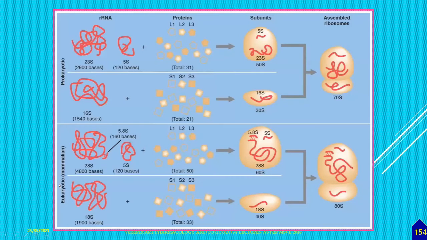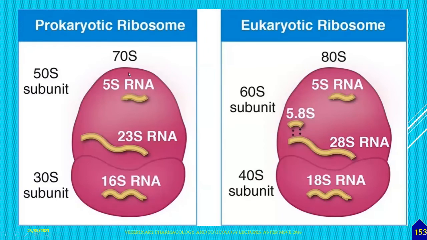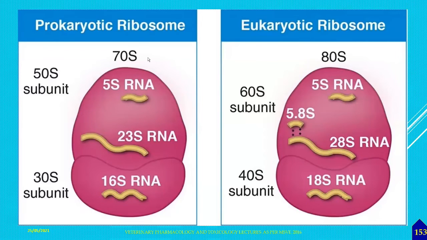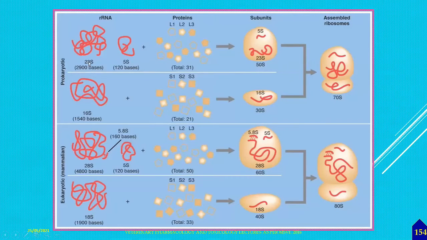It is in a slightly different manner, containing the protein base like 23S, whereas the other one is 50S. The same thing is depicted here. So 23S, 5S, and the 34 proteins, RNA subunits, and the 30S like this. The same is maintained. So this 23S plus 5S plus the proteins like L1, L2, L3.